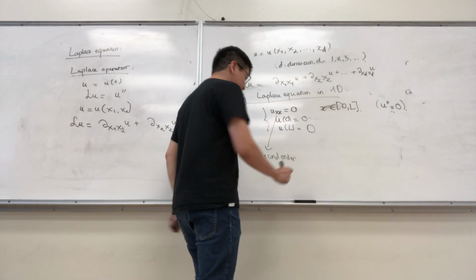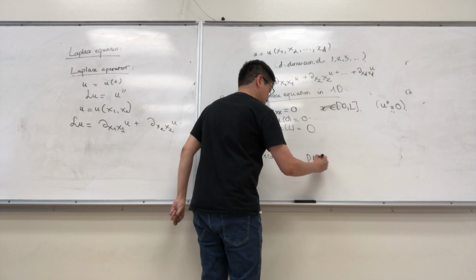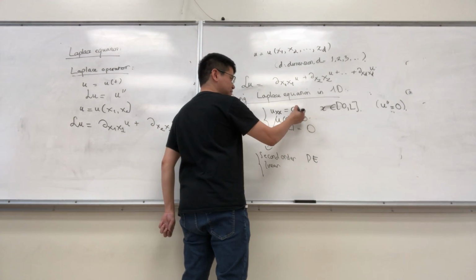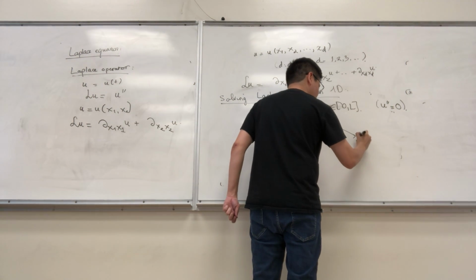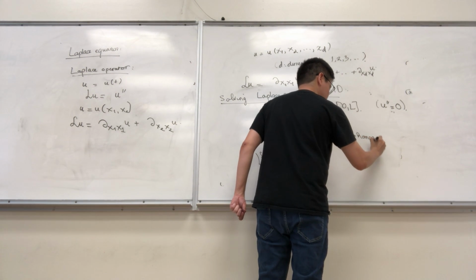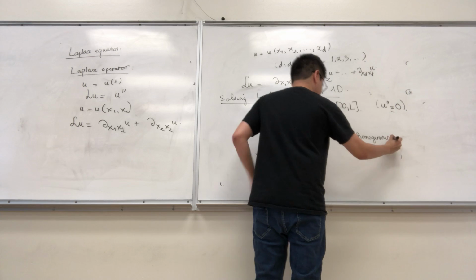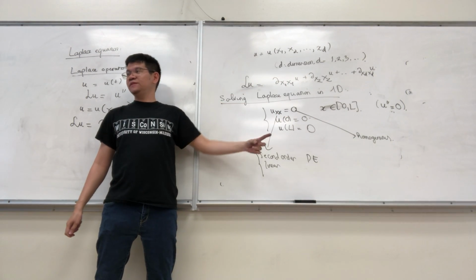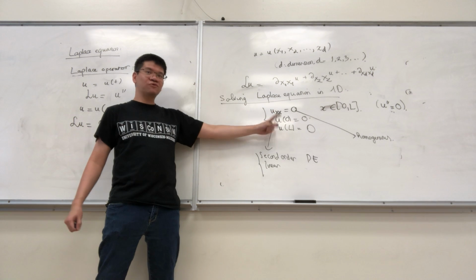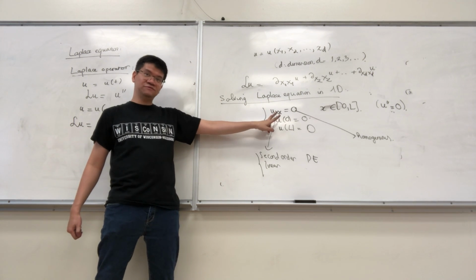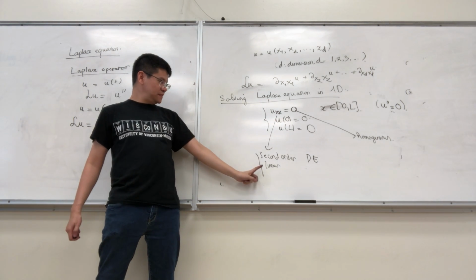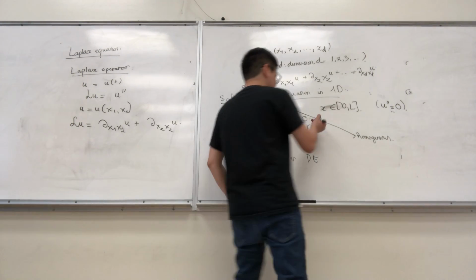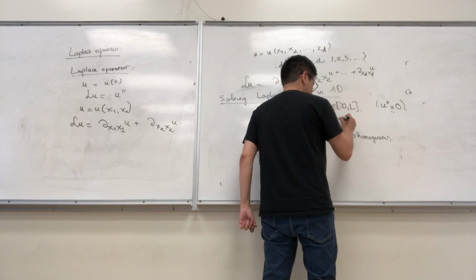This is homogeneous because on the right hand side you have 0. This is linear because you have only the second derivative. This is second order, and then you have a boundary value problem.